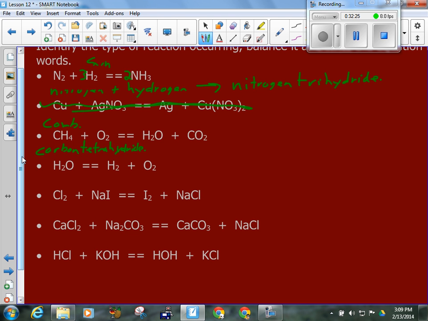It's a molecular compound. It's reacting with oxygen, and it's producing water. And you can call water in an equation. That's what H2O is. You don't have to call it dihydrogen oxide or whatever. And carbon dioxide.